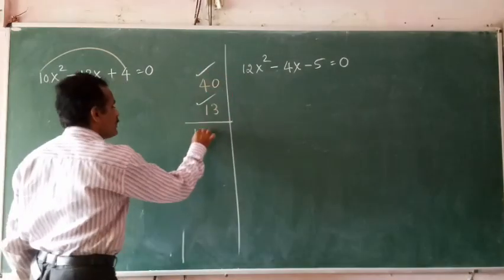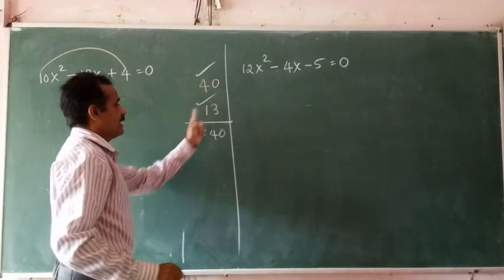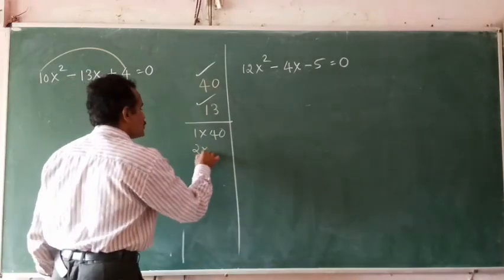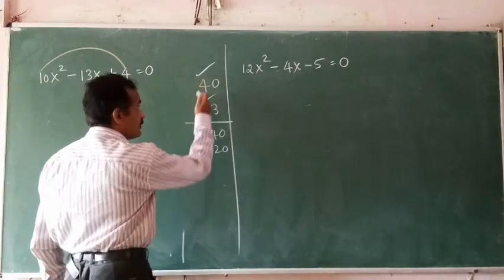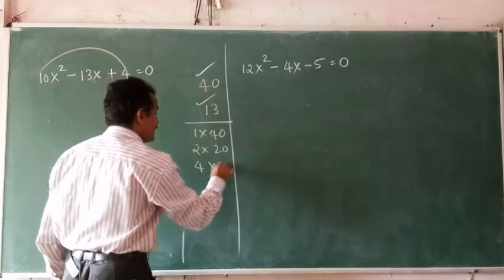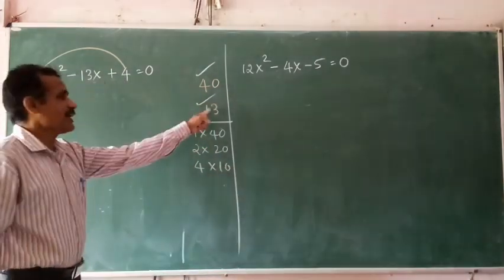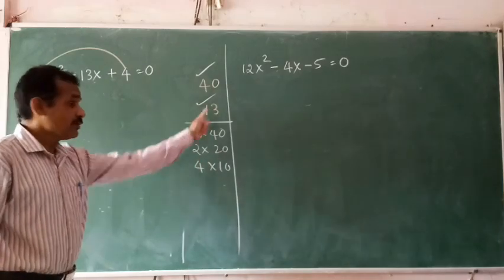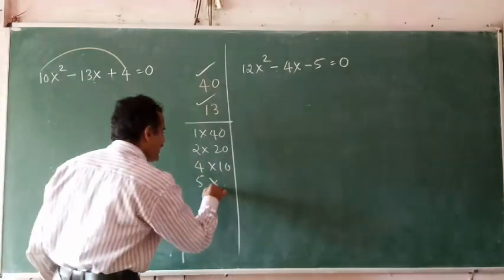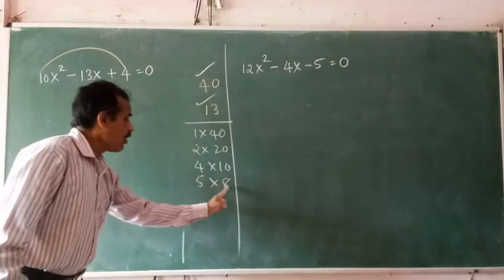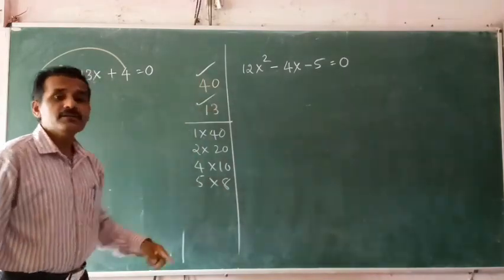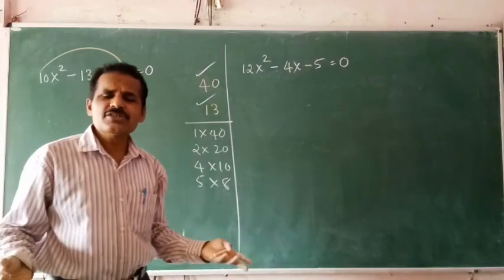Come on. 1 40s are 40, adding, not getting 13. 2 20s are 40, on adding, not getting 13. With 3, not possible. 4 10s are 40, adding you get 14, not 13. 5 8s are 40, on adding, you are getting 13. So the middle terms are 5 and 8.